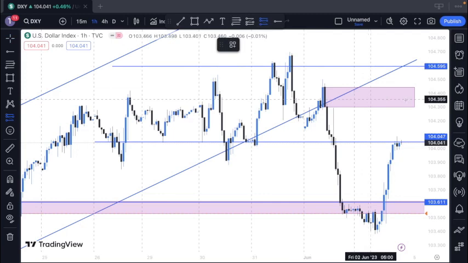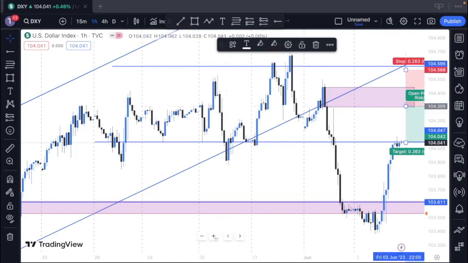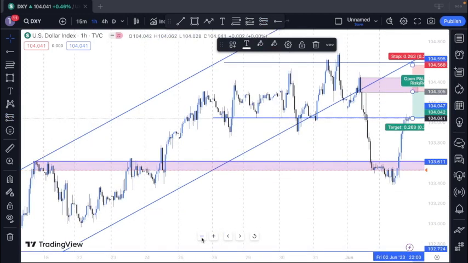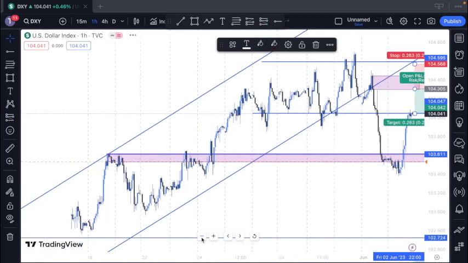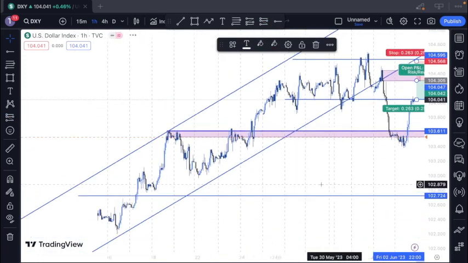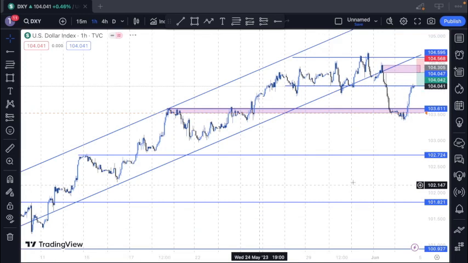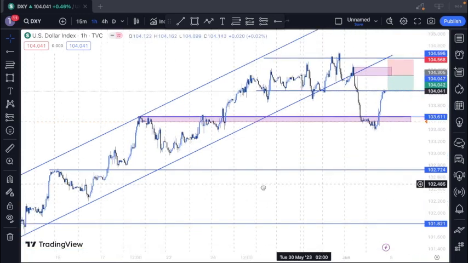you can just put your entry right here. Let me just minimize. Okay, let me move my chart this side.